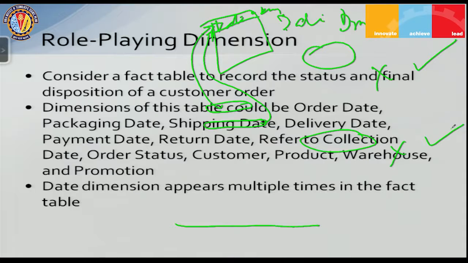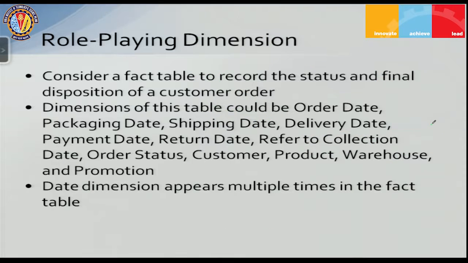So, role-playing dimension: consider a fact table to record the status and final disposition of a customer order. The dimensions of this table could be order date, packaging date, shipping date, delivery date, payment date, return date, refund collection date, order status, customer, product, warehouse, and promotion.